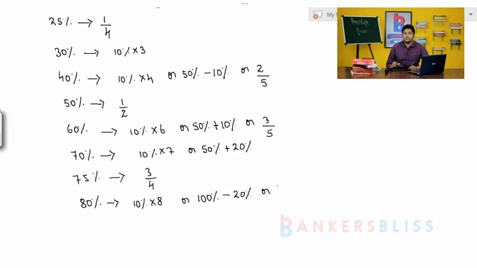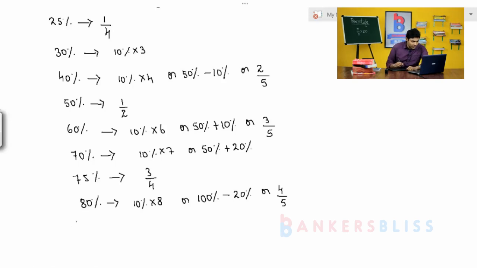Or see here, 20% into 4 is 80%. 20% means 1 by 5, 1 by 5 into 4, that is 4 by 5. So whenever you get a fraction like 4 by 5, you have to consider it as 80%. Whenever you get 80% to calculate, automatically these things have to come to your mind: 10% into 8, or you subtract 20% from a number, or into 4 by 5.